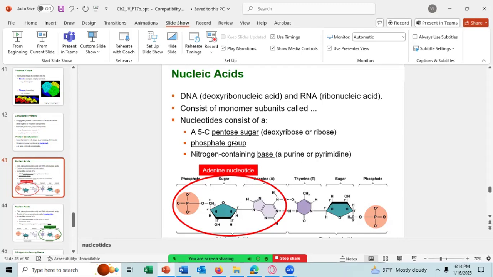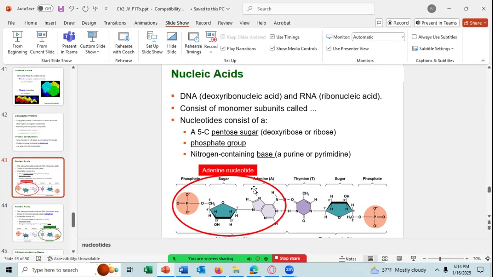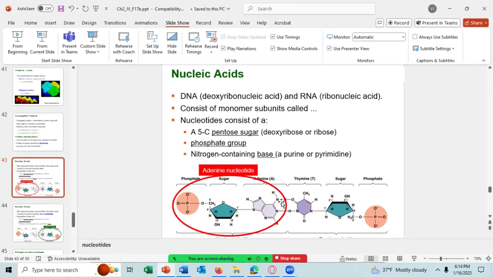a pentose sugar, shown here. It's a 5-carbon sugar, which can be either deoxyribose in DNA or ribose in RNA. It has a phosphate group, shown here, and then a nitrogen-containing base, shown here. Those are the three parts of a nucleotide.